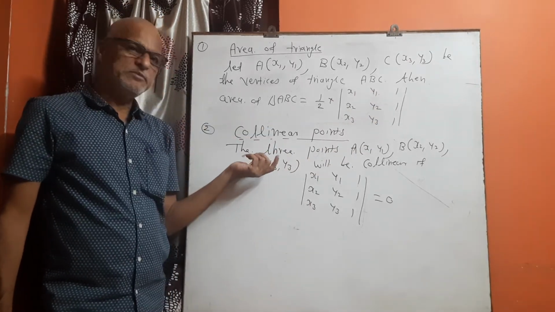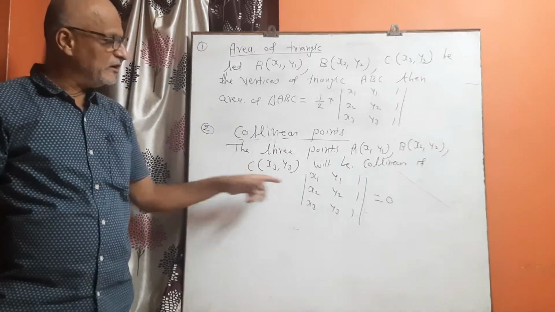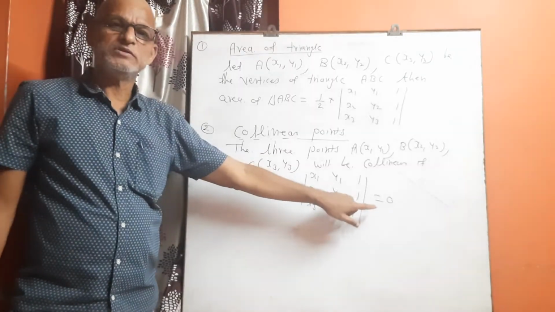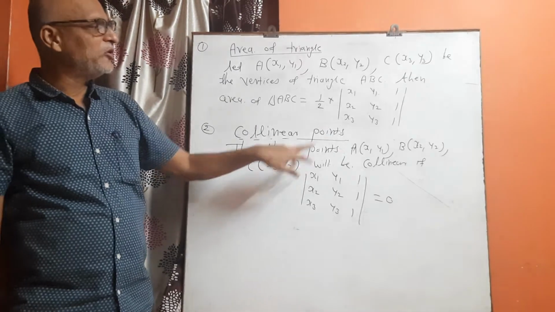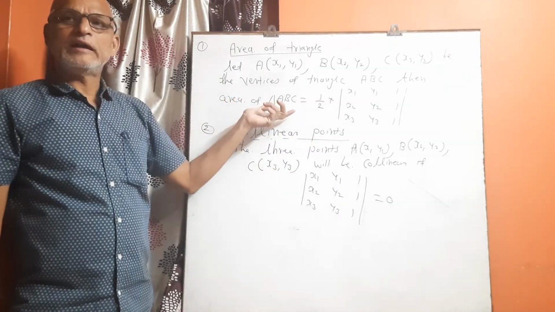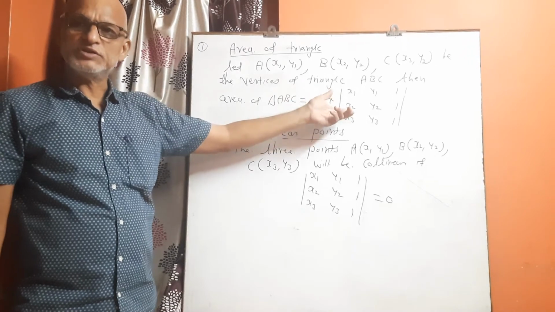So the 3 points A, B, C are collinear if determinant of x1 y1 1, x2 y2 1, x3 y3 1 equals 0. Or you can say that the 3 points are collinear if the area of that triangle ABC is equal to 0.